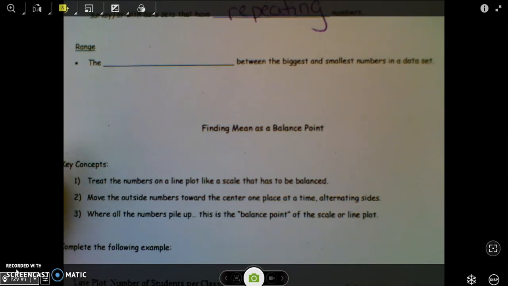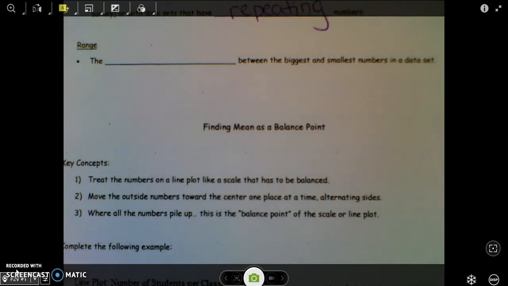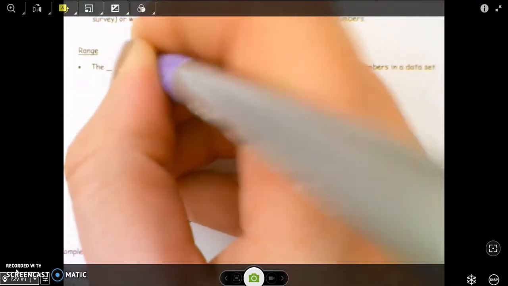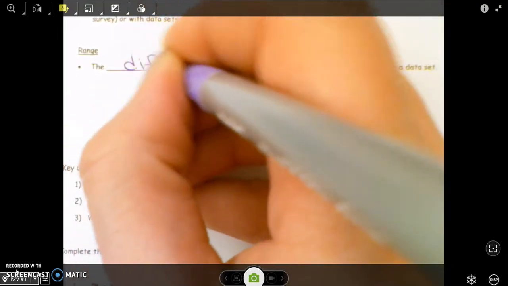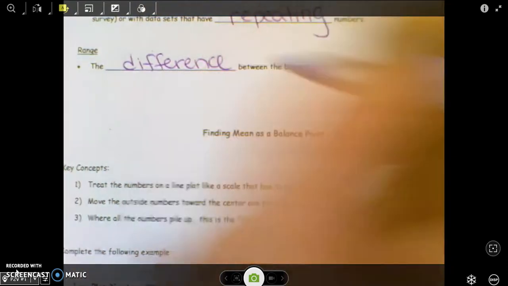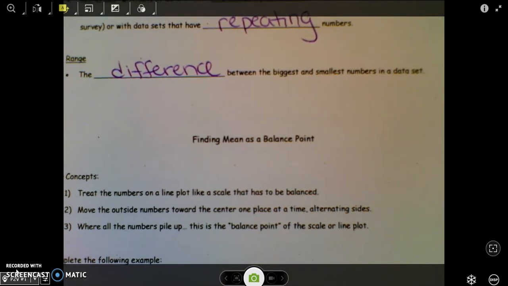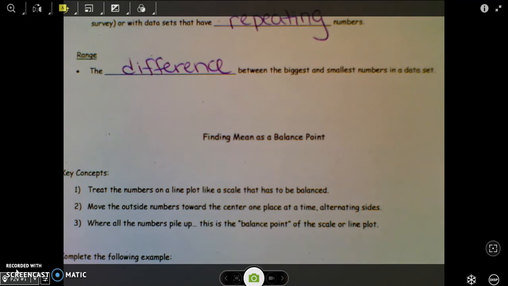You might use range to help you with a line plot or numbering a number line to find mean. But range is the difference, which means you're subtracting. It's the difference between the biggest and smallest numbers in a data set. So you take the biggest number, subtract the smallest number, and that's your range.